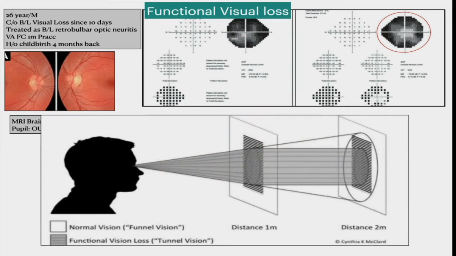And how you can judge is that the field defect would be the same at 1 or 2 meters, which is called tunnel vision, in functional vision loss, while a proper field defect might improve as you go forward, because the arc is improving.